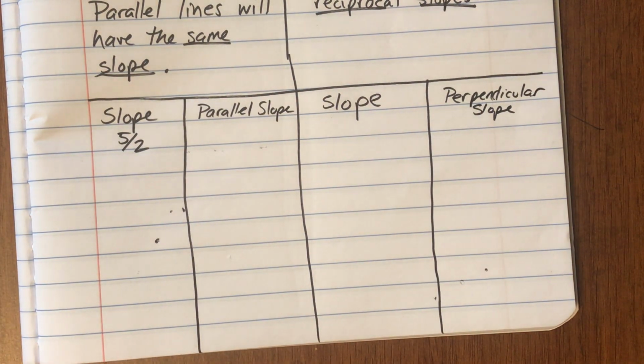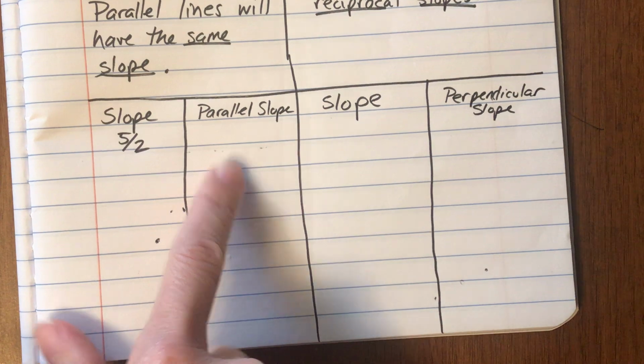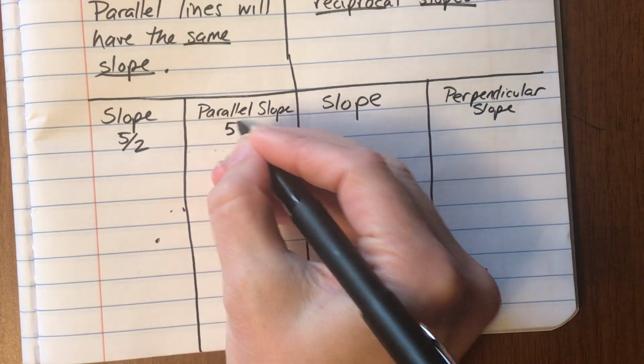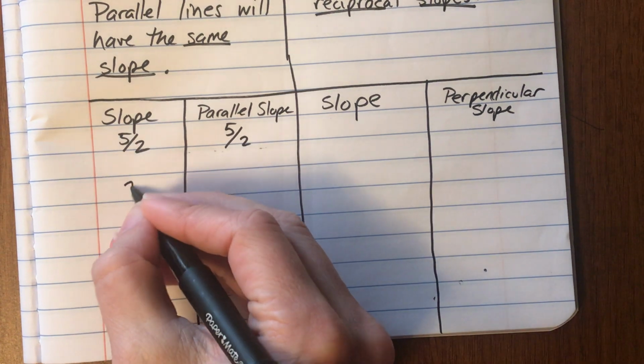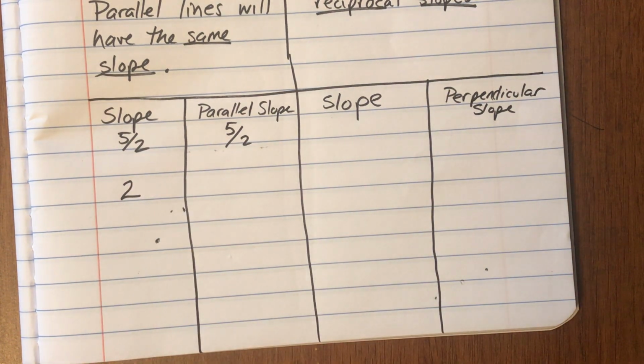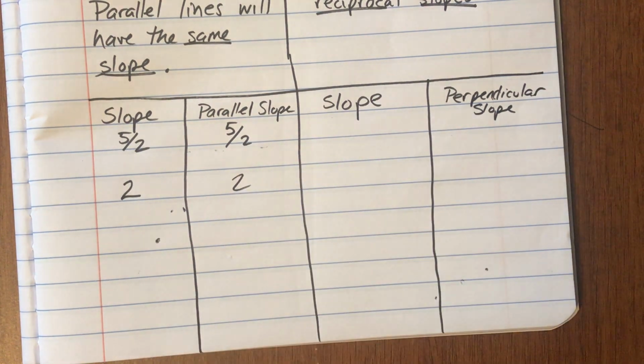So, for example, if the slope, let's say, is 5/2. If I'm given that the slope of any line is 5/2, what would I know about a line that is parallel to it? What is its slope going to be? Well, it's the same, 5/2. If the slope of a line is 2, a parallel slope to it is going to be 2.